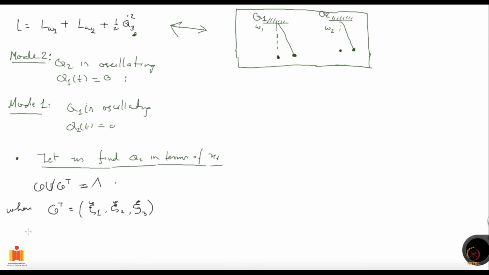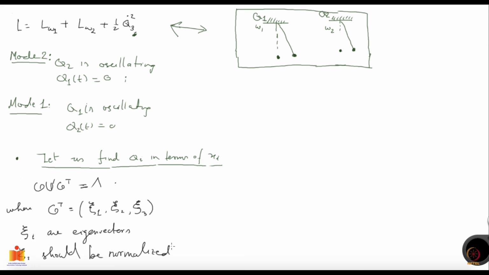And as we talked some time back, these are eigenvectors. Also remember that the xi i's should be normalized. I hope you understand why. When you solve the eigenvalue equation, you get eigenvectors, but any multiple of the eigenvector is also an eigenvector with the same eigenvalue, right?